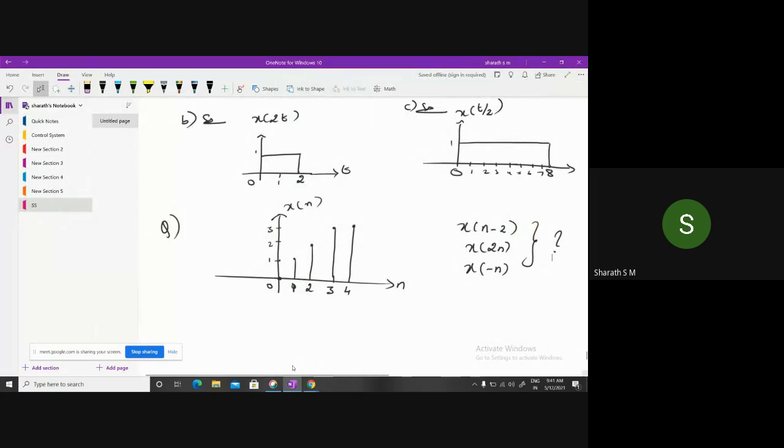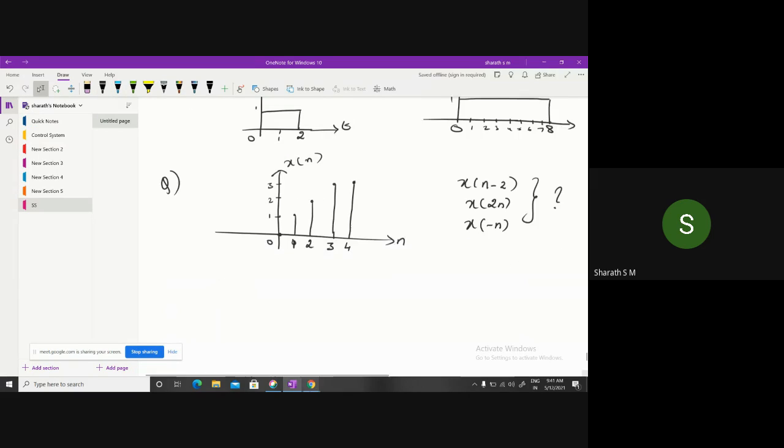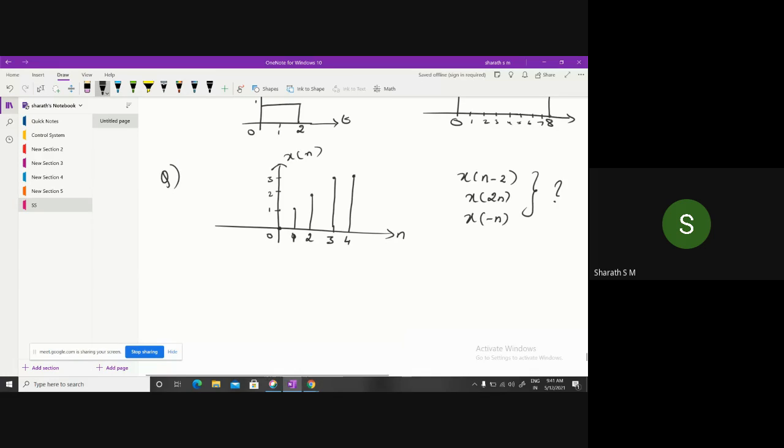X of n minus 2 is shift towards right, so shift right by 2 times. Initially we have a signal at 0 with amplitude level 0. That will be shifted to 2. So 1 time shift and 2 time shift.